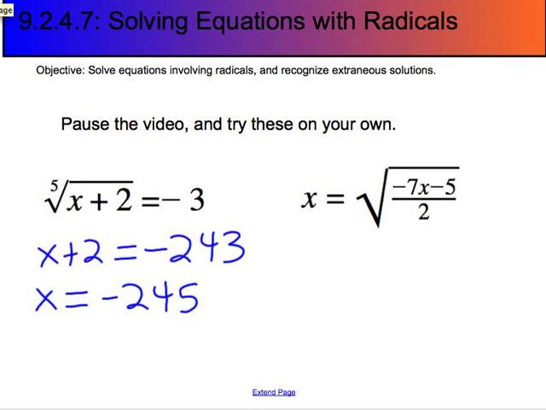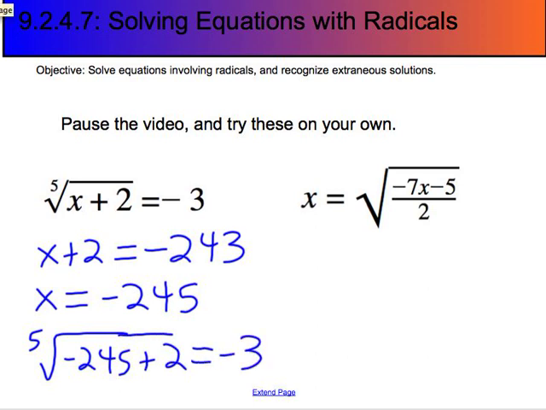I have to plug it back in just to make sure that it does work. So go back to the original, the 5th root of (-245 plus 2). Does that actually equal -3? Now keep in mind you have to go back to the very original problem. You can't plug it into any sub-step. You have to go back to the very start. I know that's the most difficult, but then you can go ahead and plug that into your calculator, and yes, it does work out.